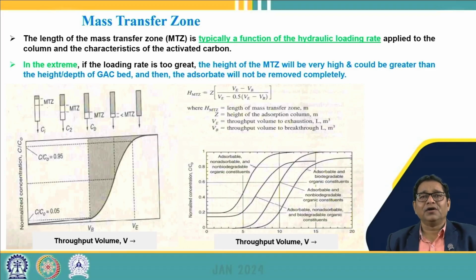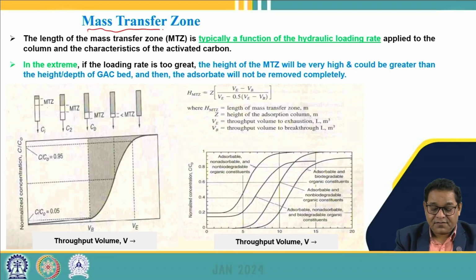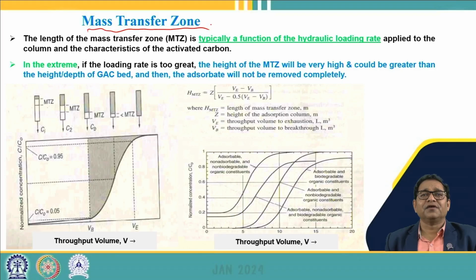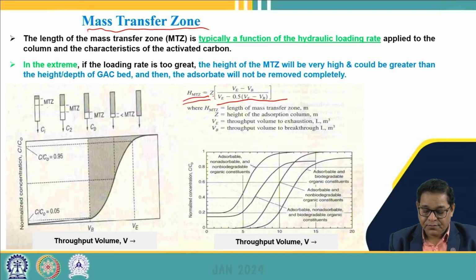Another important aspect in breakthrough study is the mass transfer zone. Basically, this is the length of the adsorbent bed where the adsorption is occurring. We determine this by using this equation: HMTZ, where HMTZ indicates the height of the mass transfer zone or the length of the mass transfer zone, which will be equal to Z, where Z is the height of the adsorption column, times the bracket VE minus VB.